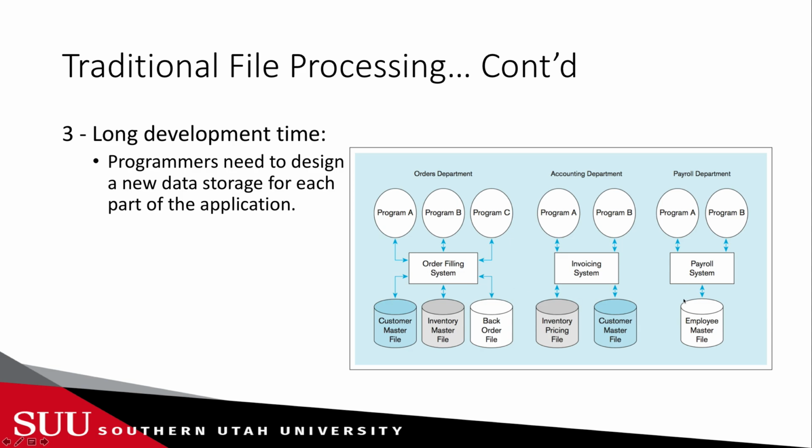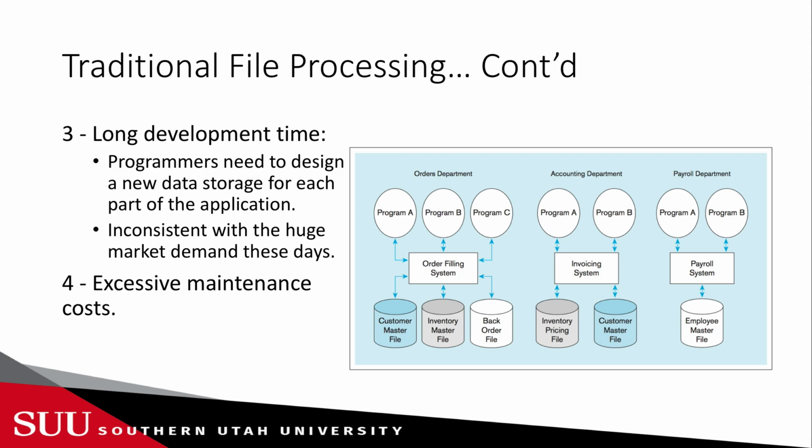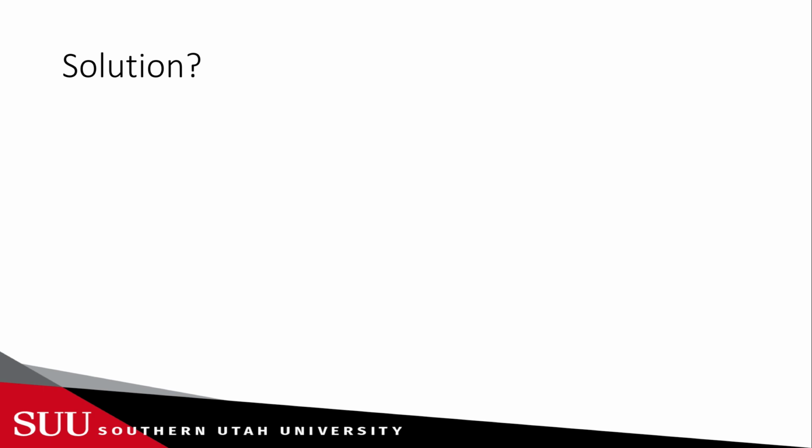So these may look different, although they theoretically contain the same information. This is going to be inconsistent with the huge market demand these days for applications. And again, we will also have excessive maintenance costs due to previous limitations, because we will have multiple of those storage systems. So what is the solution then?